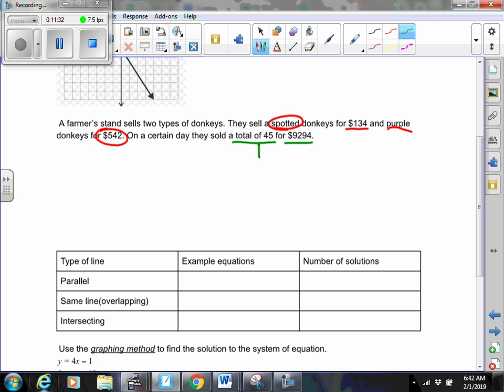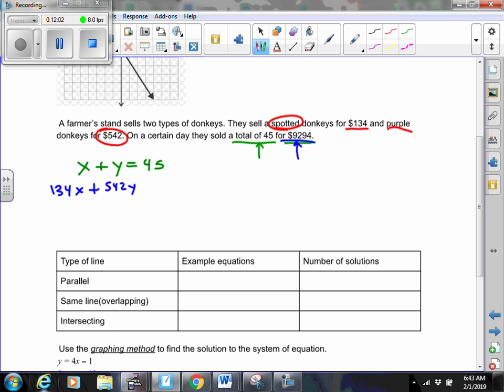The total number of, well, I don't know how many spotteds, so x. I don't know how many purples, so y equals 45. The other total gives me the equation. Well, now that's talking about dollars. In terms of dollars, I have 134 per donkey spotted plus 542y.